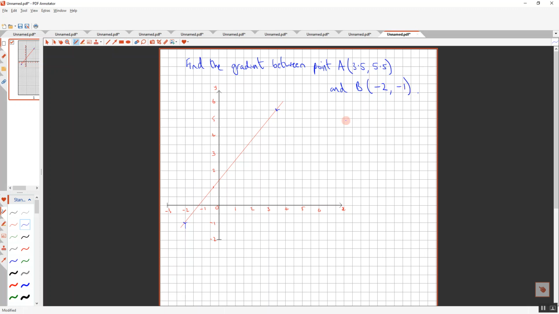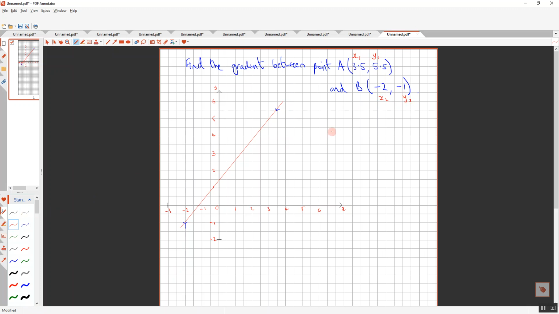The first thing that we said is we label our coordinates. What comes first in the alphabet? X. So this is x1, and this one is y1. We call the second coordinate x2 and y2.